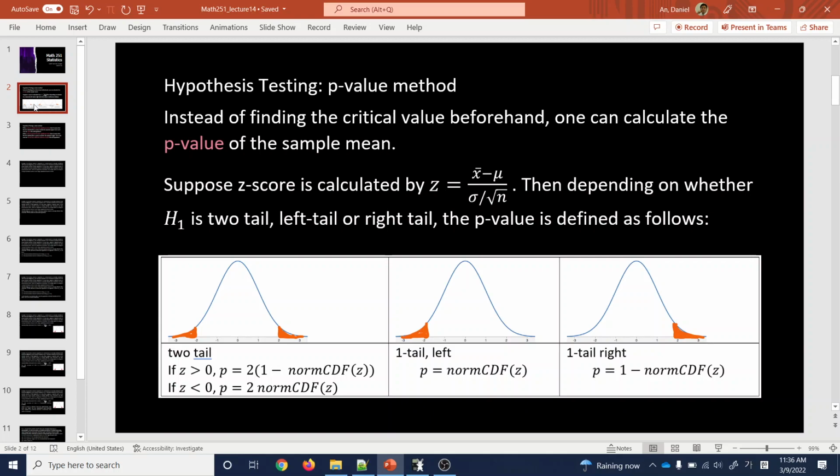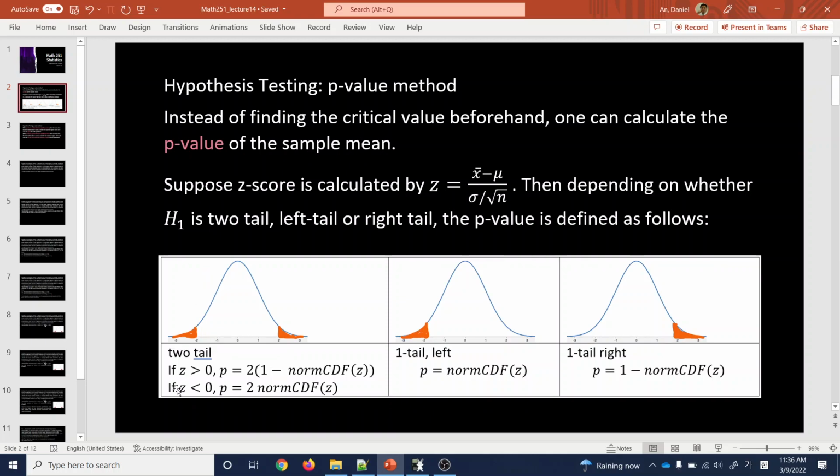The sigma could be replaced by s sub x if you only have the sample standard deviation. But anyways, depending on whether h1 is two-tail, left tail, or right tail, the p-value is defined as follows.